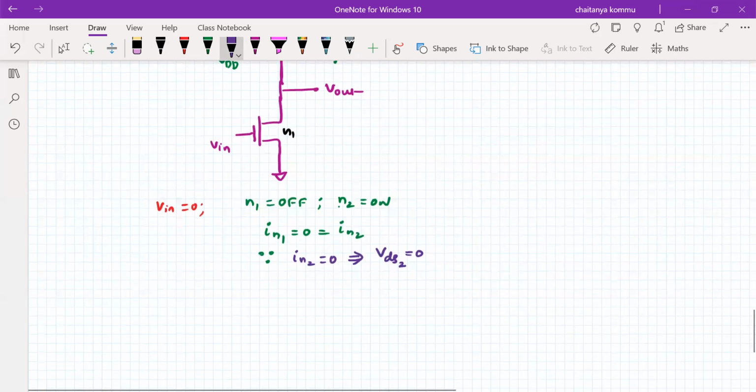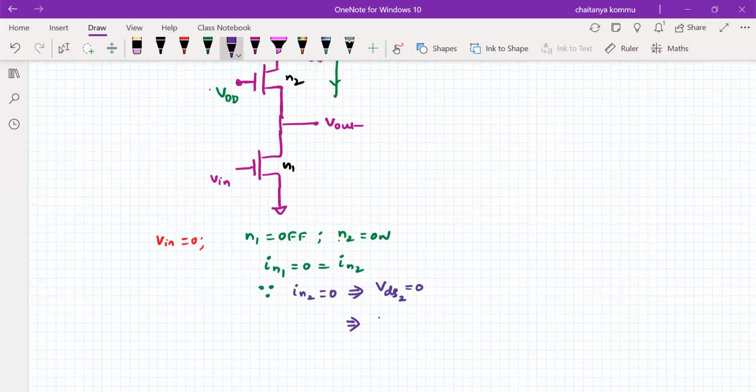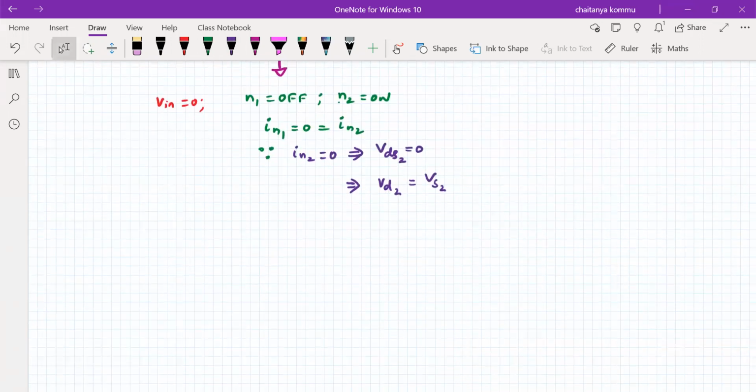Okay, what does it lead to? That means the drain potential of the second MOS transistor and the source potential of the second transistor must be equal. See carefully here.